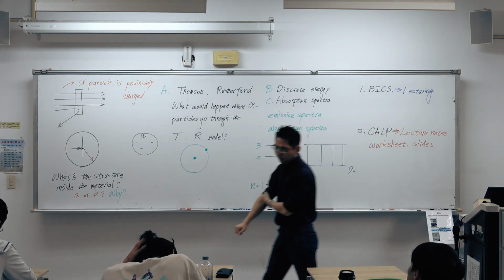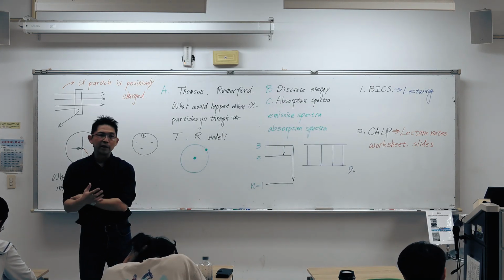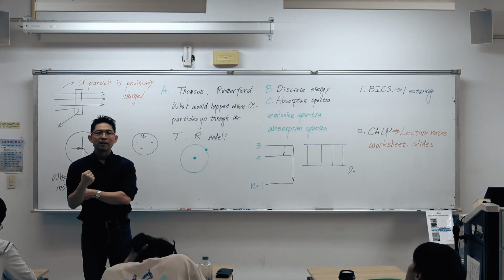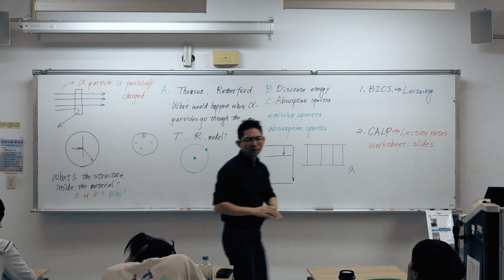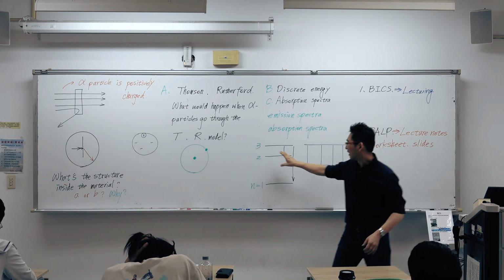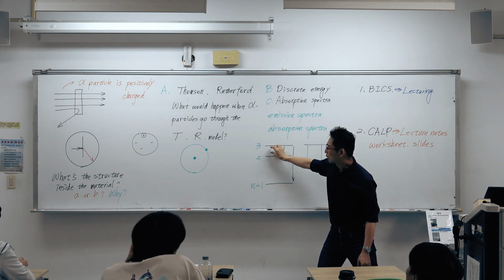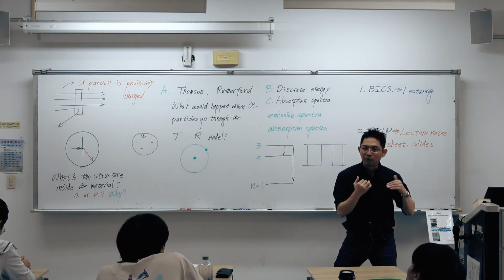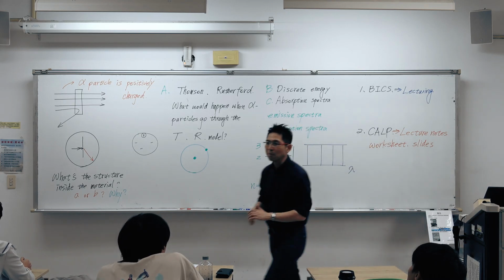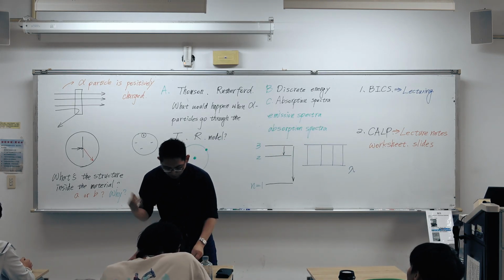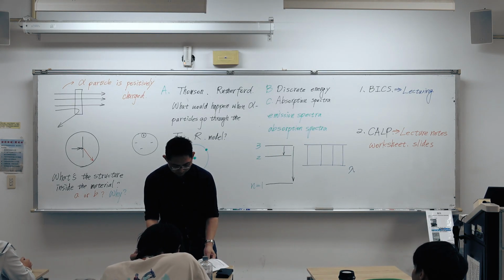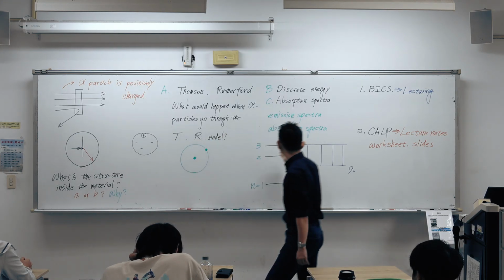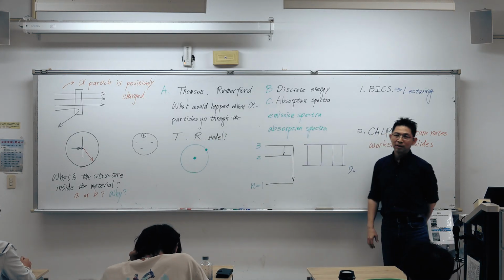But originally, physicists didn't know what these were. They just knew there should be some kind of mathematical relationship between them. So how would you do it, if we have that information?